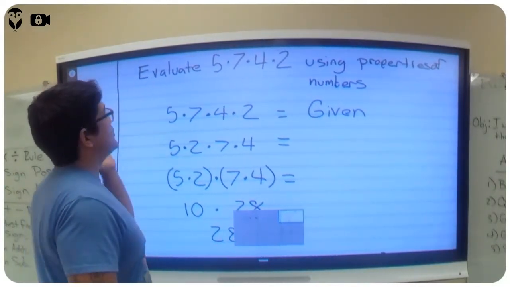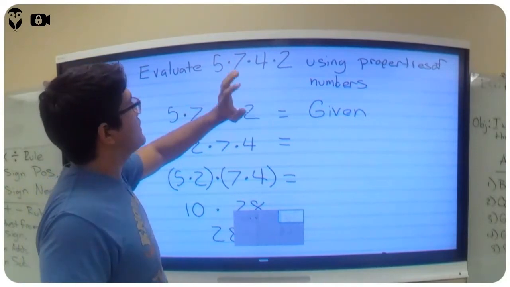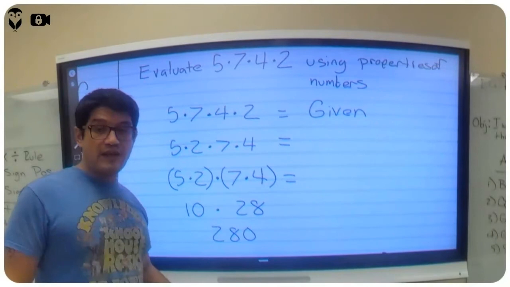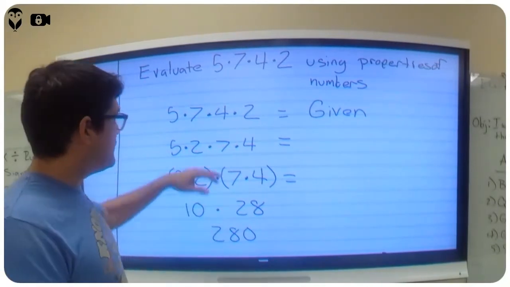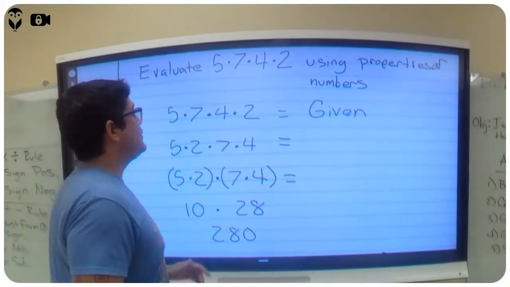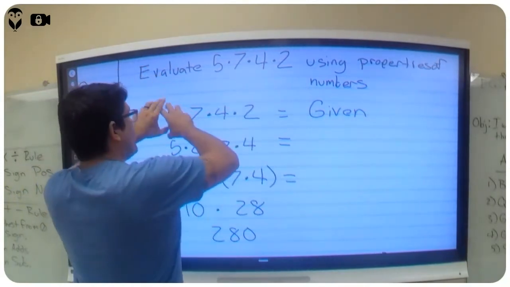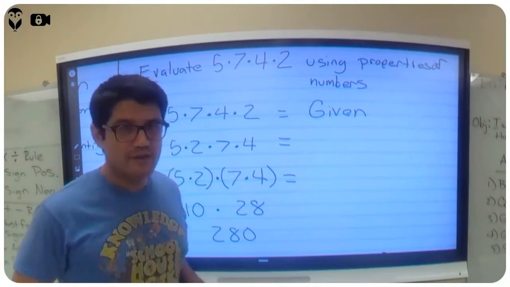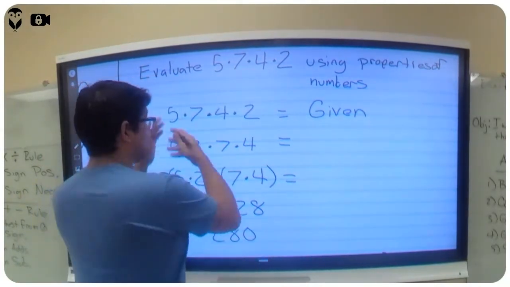So this one, they want you to evaluate 5 times 7 times 4 times 2 using the properties of numbers. So I've done it for you, how somebody would do it in their head quickly. If all of it's multiplication, I get to move the order around however I want, and it won't change the result.